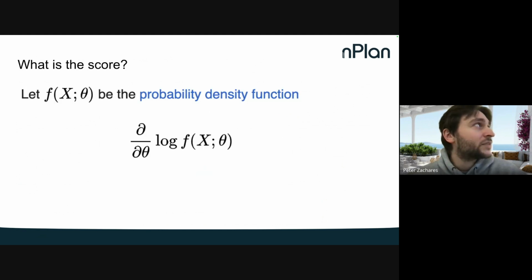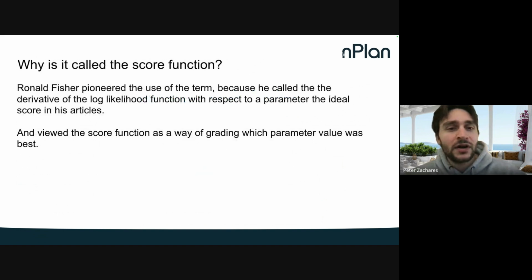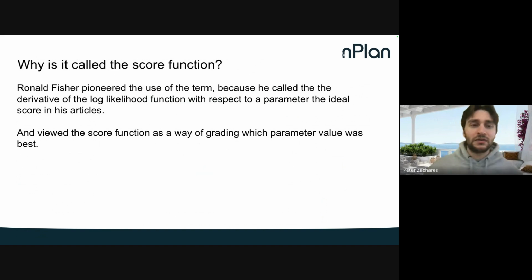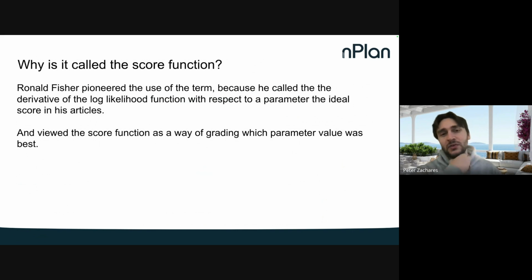So this definition of score he would call the ideal score. And then in subsequent literature, they just started calling this the score function for probability distributions. But yeah, it's called the scoring function because he would literally use it to score different probability distributions that he was trying to decide between in his research. He was a biologist as well, so he was trying to decide things about samples of biological properties of people or genetics and stuff like that. That's where he was using his statistics.